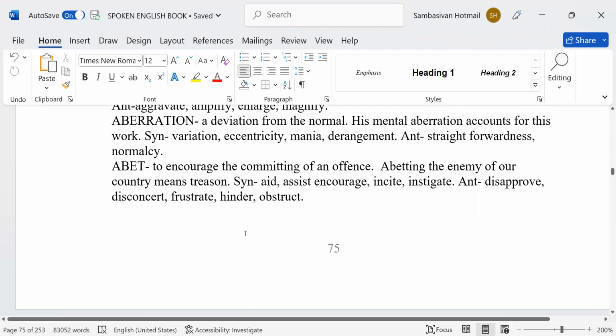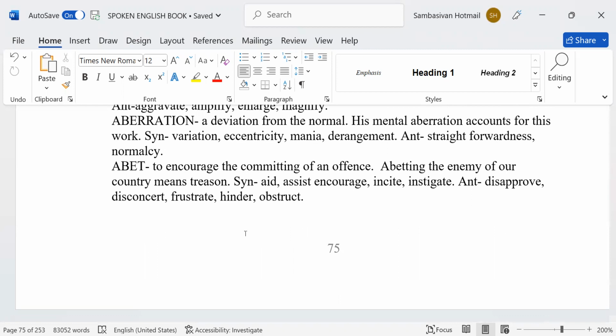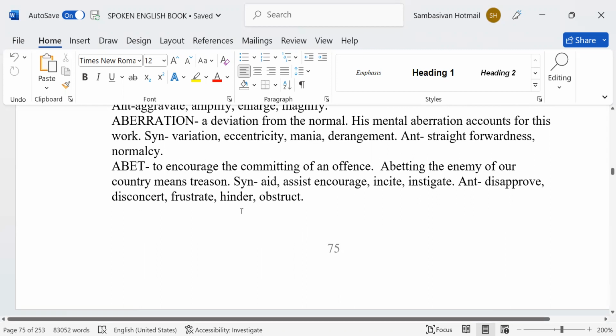Abet: to encourage the committing of an offense. Abetting the enemy of our country means treason, going against our country, betrayal. Synonyms: aid, assist, encourage, incite, instigate. Antonyms: disapprove, disconcert, frustrate, hinder, obstruct.